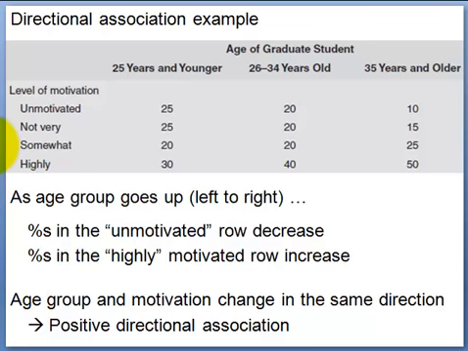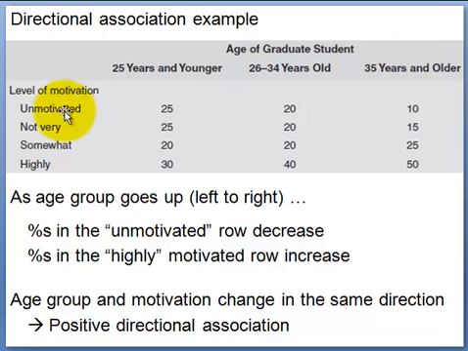So let's take a look at a directional association example. We've got two variables. Our column variable is age of graduate student. Our row variable is level of motivation. You can see that both of these variables are ordinal level. As you go from left to right across the columns, age is going up.